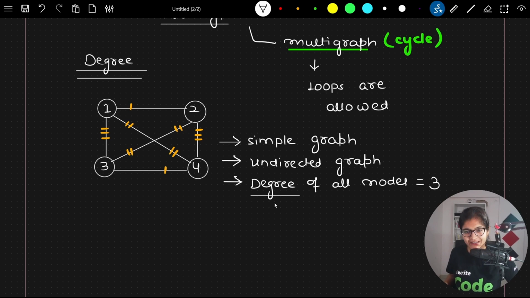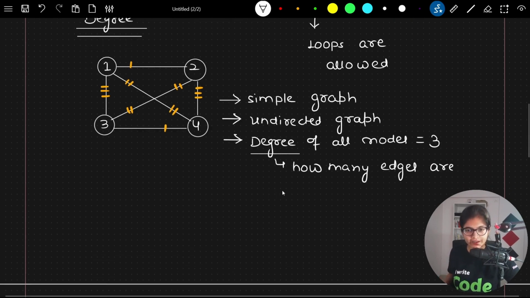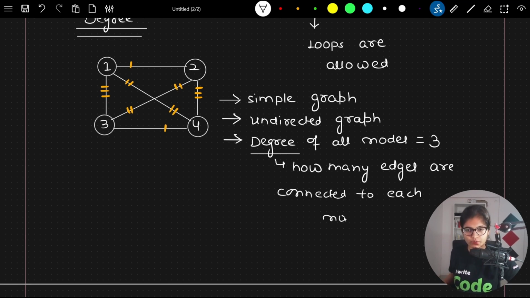So what do we mean by degree? It is how many edges are connected to each node. This is the meaning of degree.